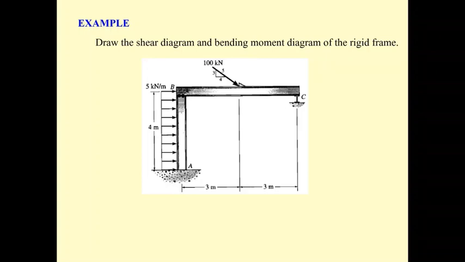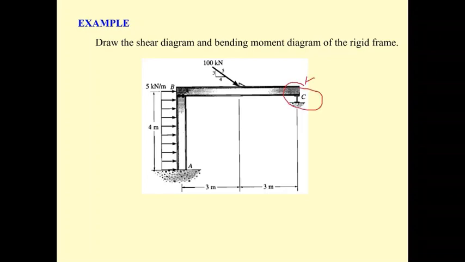This clip will be an example of the analysis of a statically determinate frame. After we draw the free body diagram and find the reactions, we will draw the shear diagram and bending moment diagram using the graphical method. Let's consider the supports in this figure.